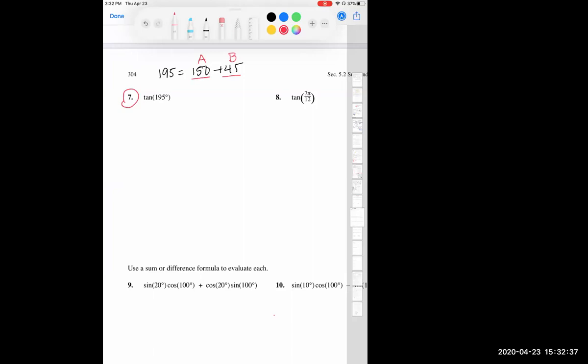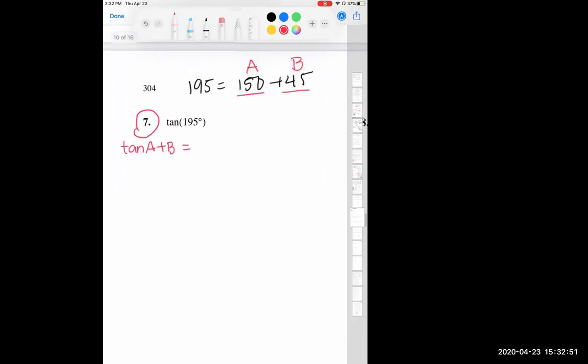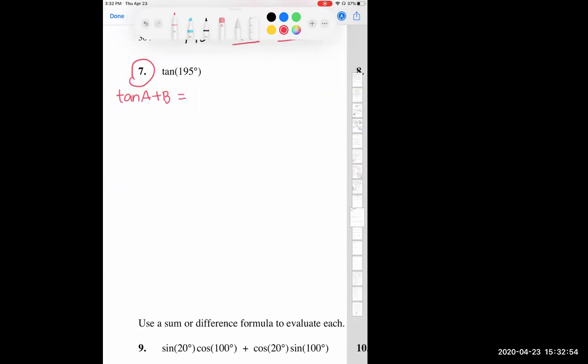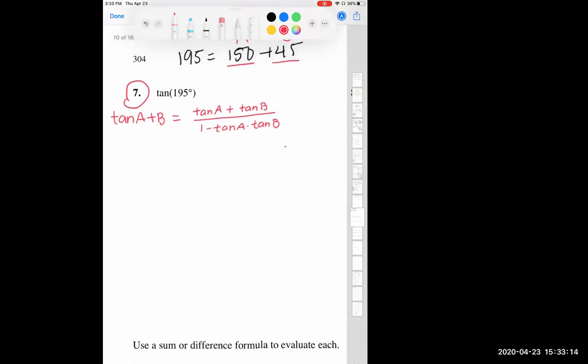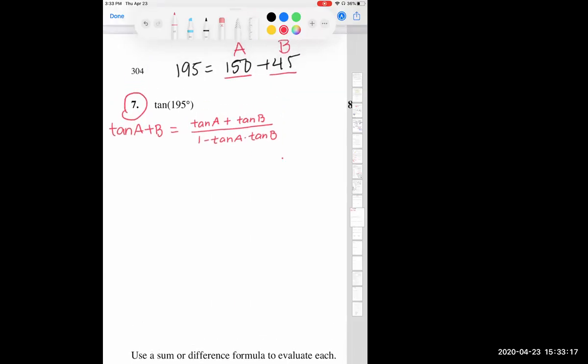Okay, let's go ahead and write down our formula. So for tangent of A plus B, tangent of A plus B is equal to tangent of A plus tangent of B, all over 1 minus tangent of A times tangent of B. So we said our A is 150 and our B is 45.